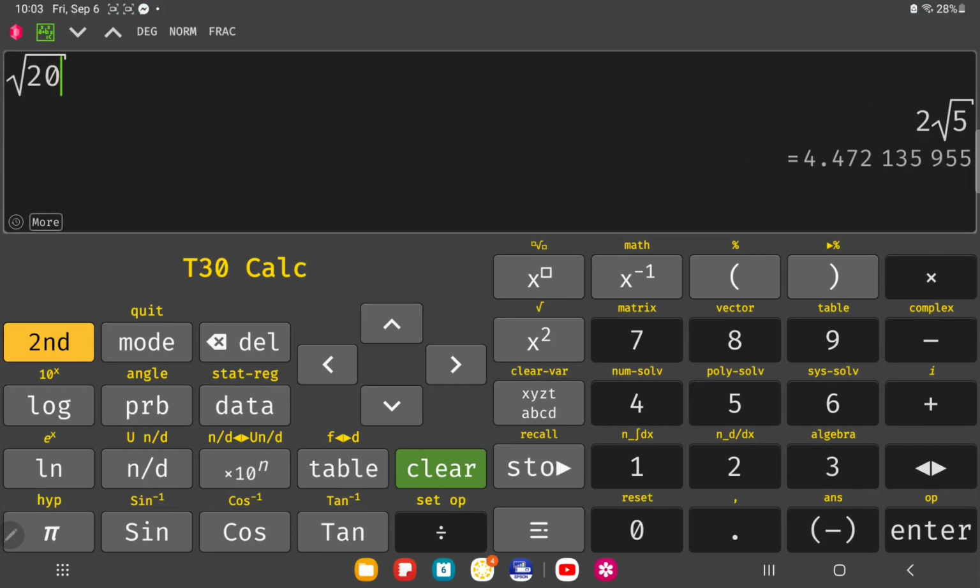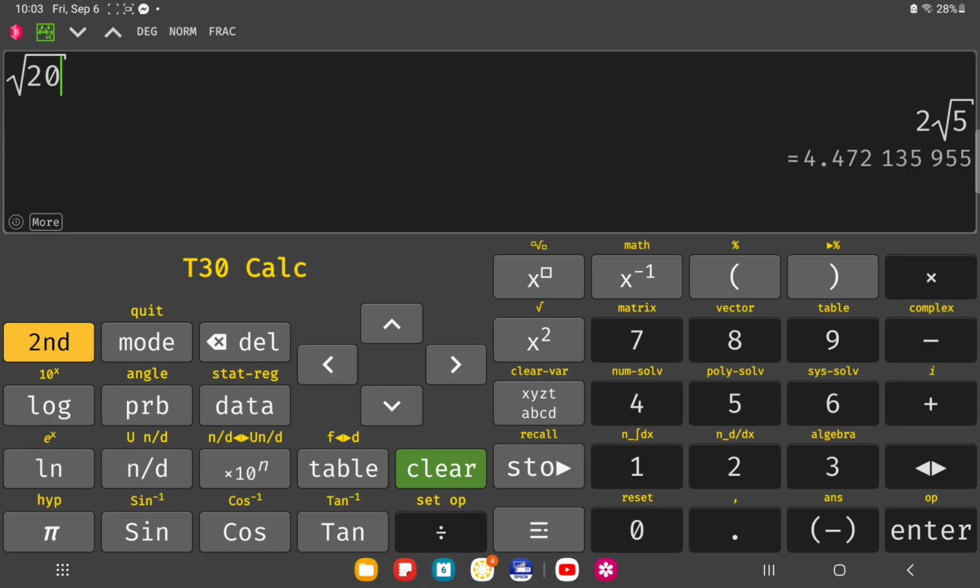You can see mine gives me both the root version and this version right here, which is a non-terminating decimal. It's a totally random, huge decimal that has no pattern of the same repeating.